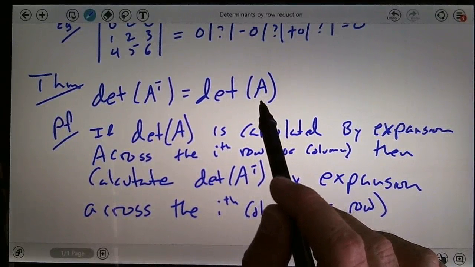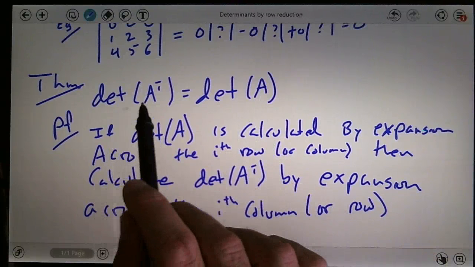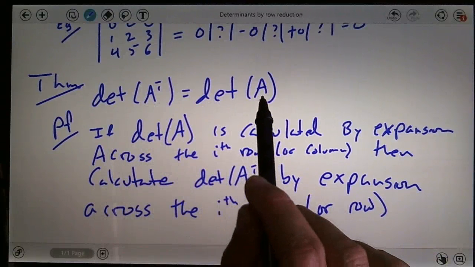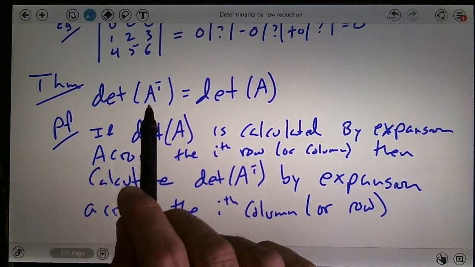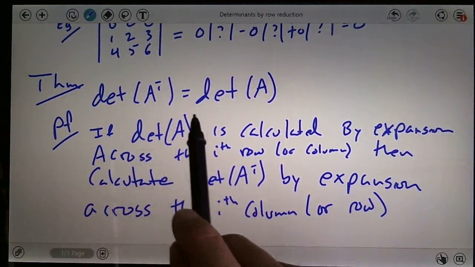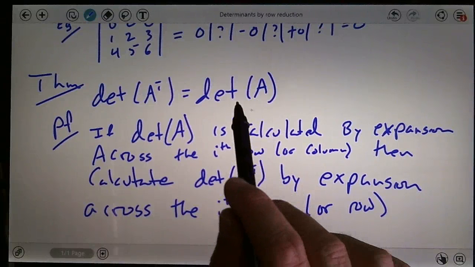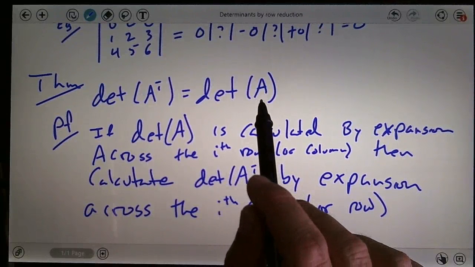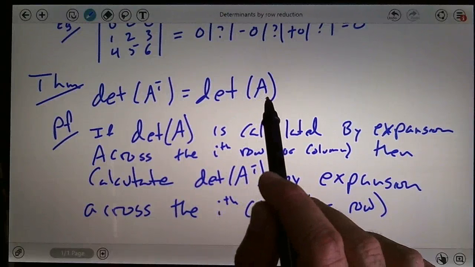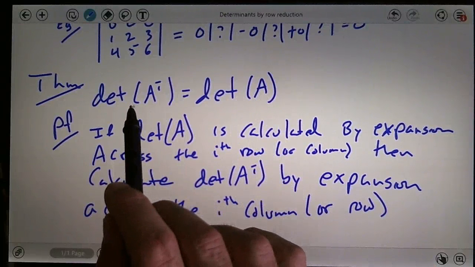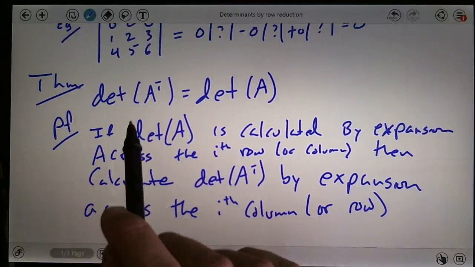Well, then when you calculate the determinant of A transpose, if you use the ith row here, then use the ith column there. The calculations will look exactly the same. Whatever row or column you use here, use the same column or row there.